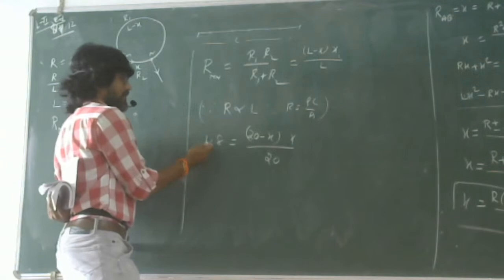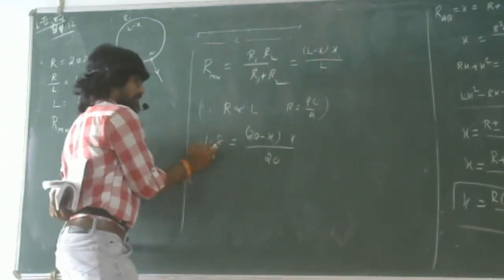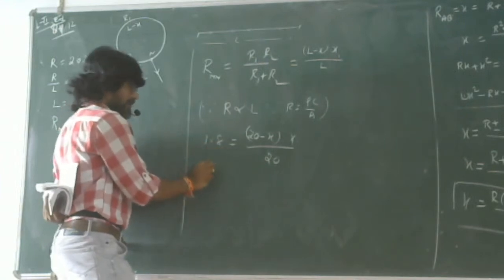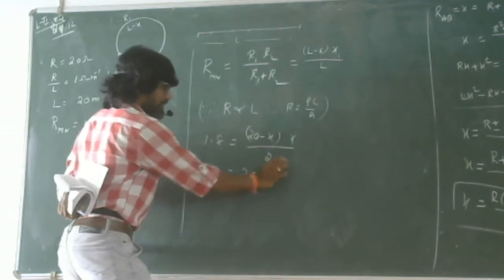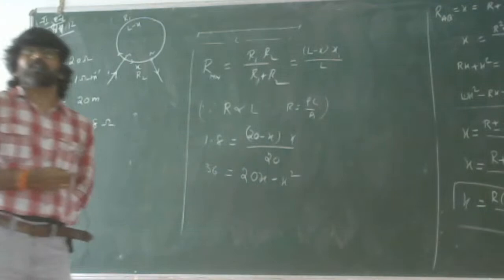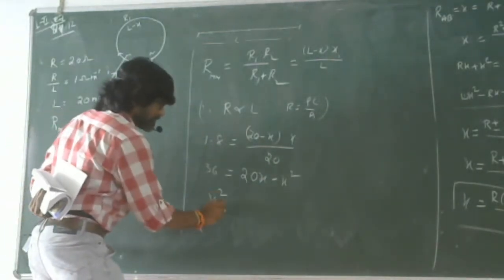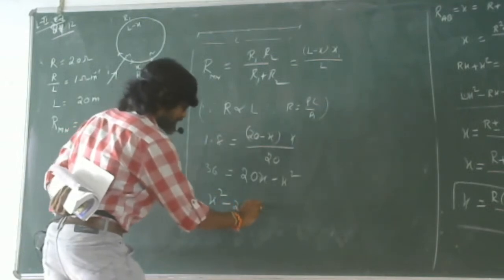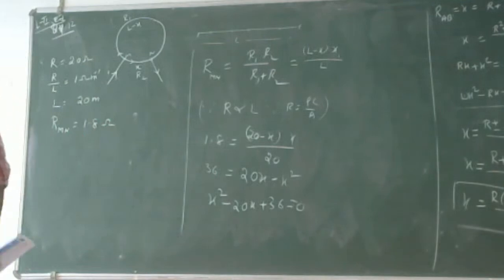So you multiply this, 1.8 into 20 is 36. So 36 is equal to 20x minus x square. So this is also a quadratic equation. You bring it here, then you will get x square minus 20x plus 36 is equal to 0. So solve this and find out the x value.